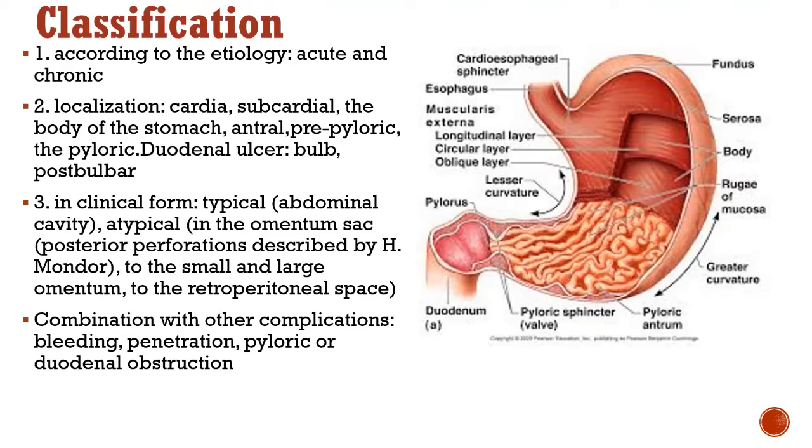And the classification of the clinical forms of perforation. The typical perforation to the abdominal cavity and atypical: into the omental sac, which is a posterior perforation described by Henry Monder; to the small and large omentum and to the retroperitoneal space.